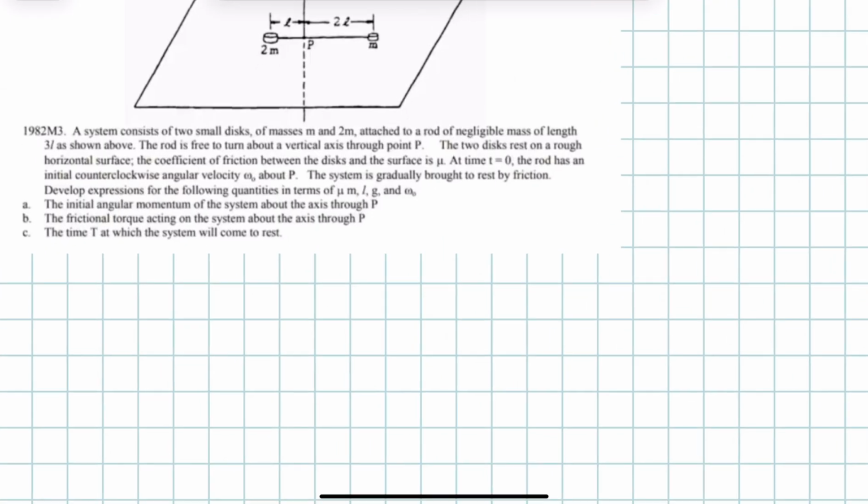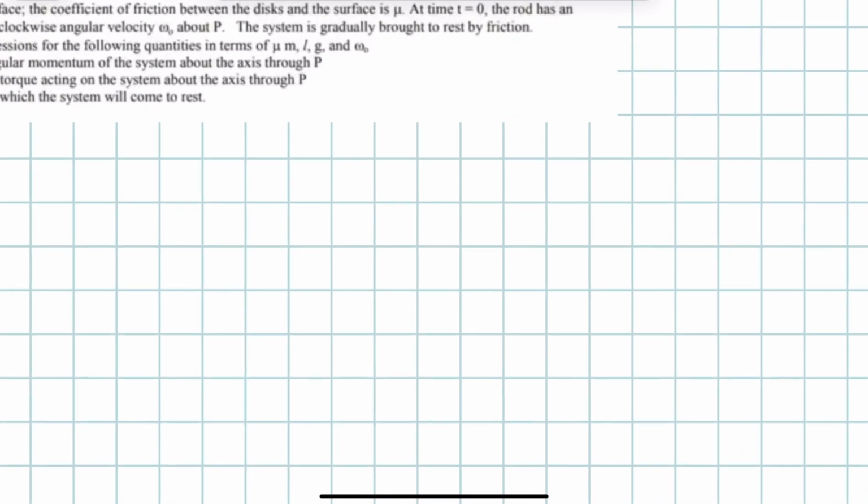So how can we start with this? Well, we know that for A, L initial is equal to I w, and we know that the rod of length 3L is negligible. So we just have two objects basically. We're just going to rewrite this as 2m l squared plus m times 2l squared, times w initial.